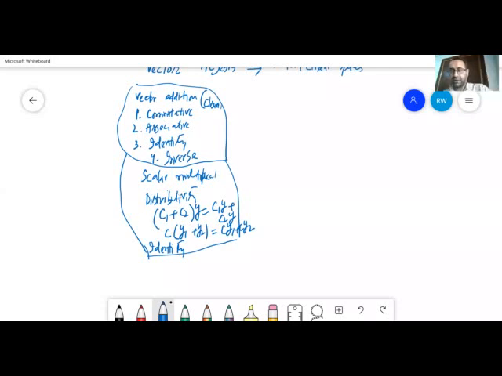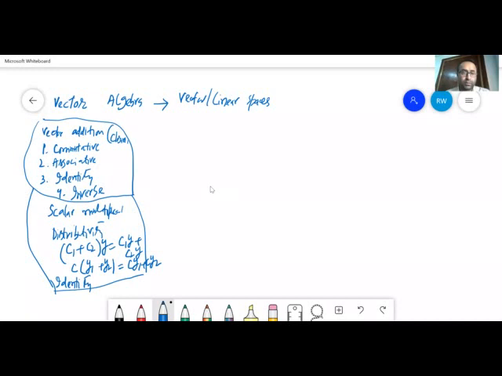We will convince ourselves that the reason we were doing vector algebra was because there was an underlying vector space. So first of all, what do we have in vector algebra? We have vector addition. This is what you used to study in high school or higher secondary. In vector addition, we say that if we have a vector A and a vector B, what we get, C, is also a vector.